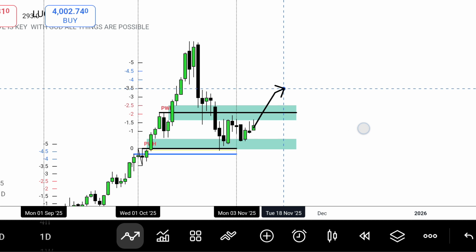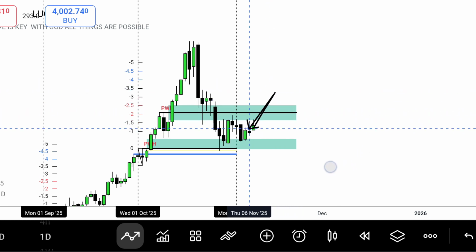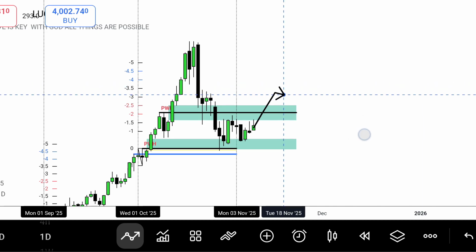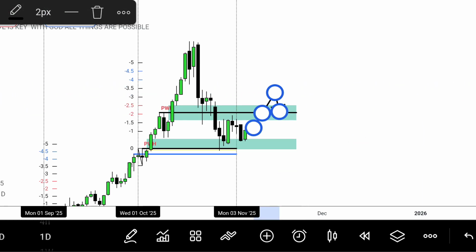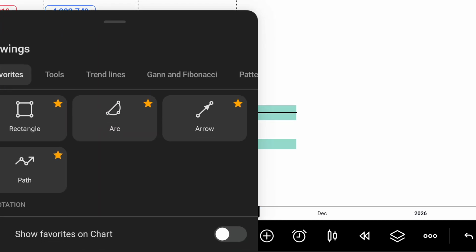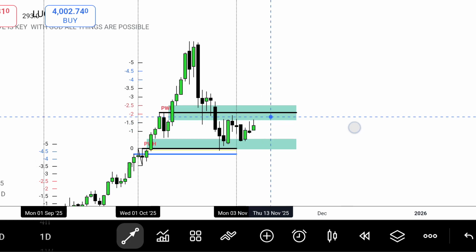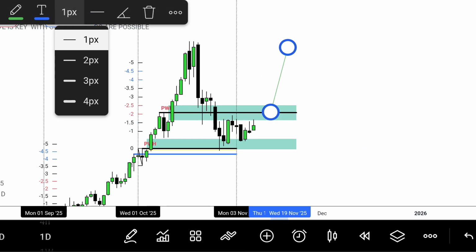We can expect a high to form here, rejection. If we create a fair value gap on coming up, we can expect retracement into this range. Then we can see a bullish move to the upside.